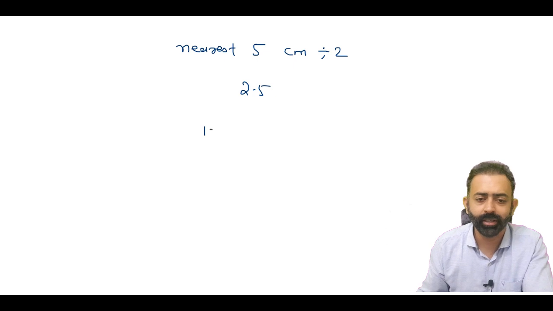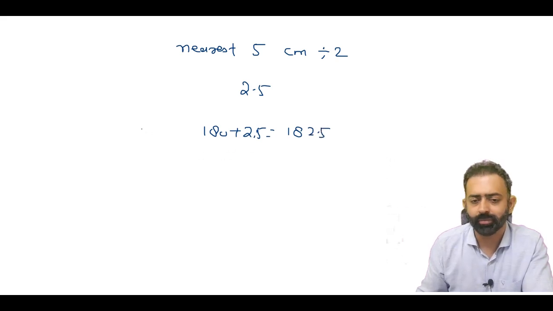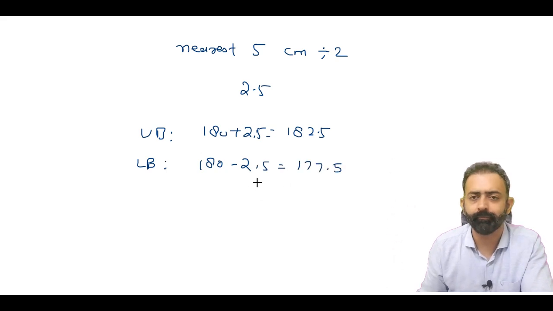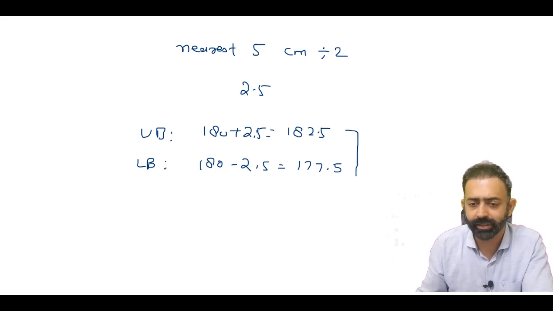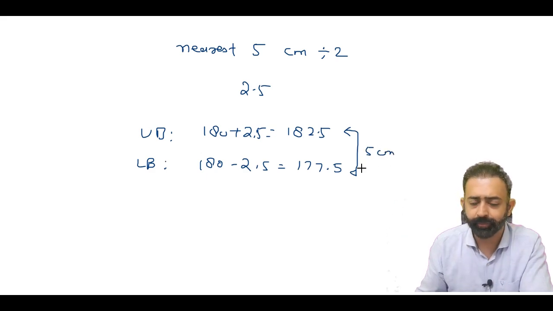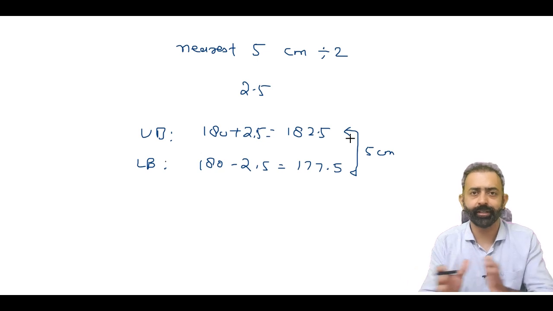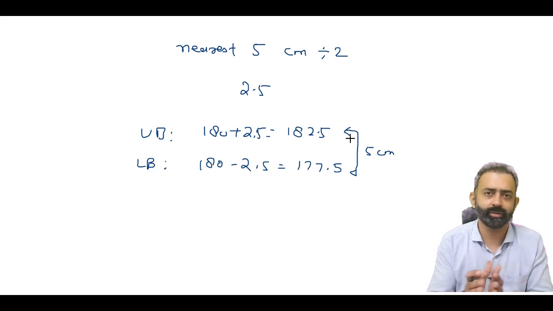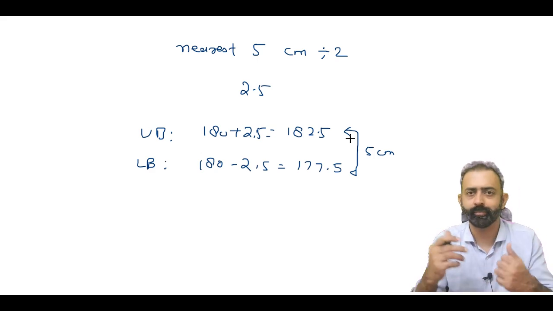So the upper bound will be 180 plus 2.5, which is 182.5, and lower bound will be equal to 180 minus 2.5, which is 177.5. As you can see, the range of values from 177.5 to 182.5 is 5 centimeters. So we are dealing with the nearest 5 centimeters. All the values will lie within the range of 5 centimeters. That is the meaning of nearest something.